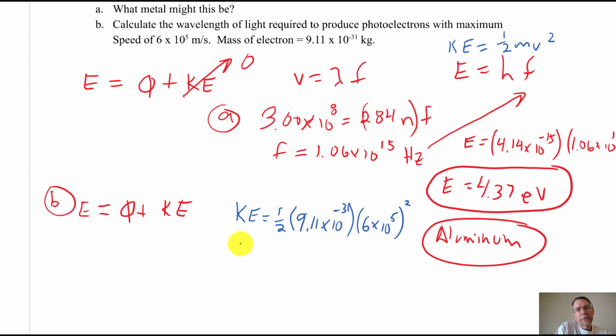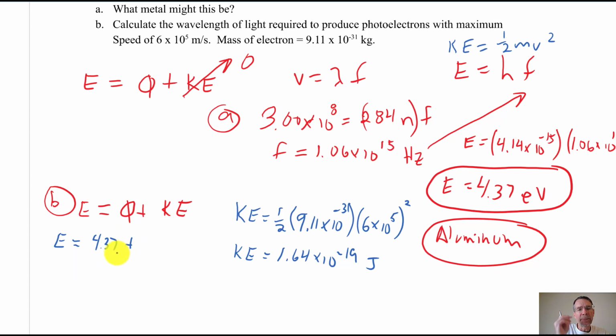So the kinetic energy of these electrons, we plug that all in, is 1.64 times 10 to the negative 19th joules. Now, in this problem, I have my work function. I'm going to go back over here to the left. So I have E equals, I've got my work function, we still have aluminum, 4.37 electron volts for my work function.